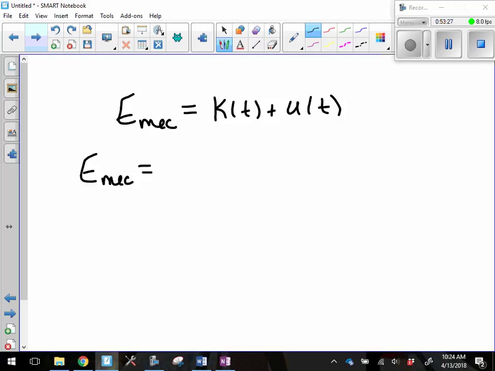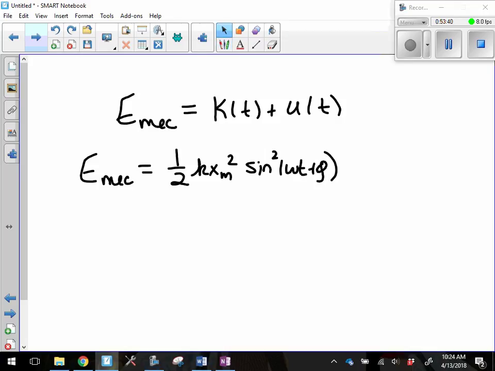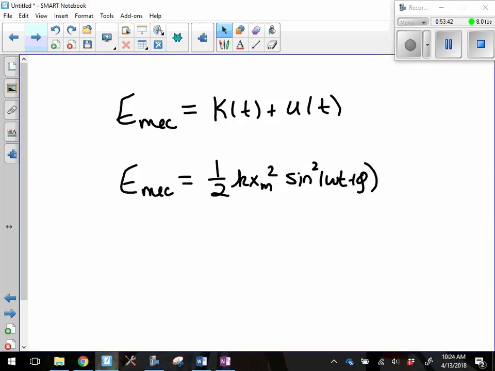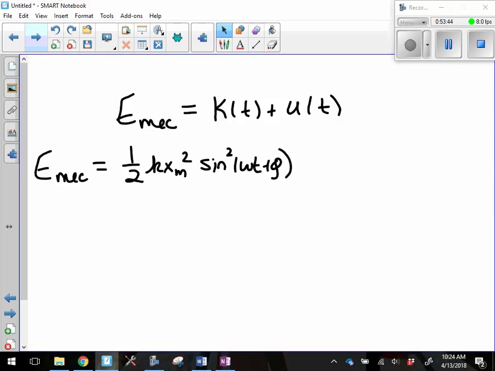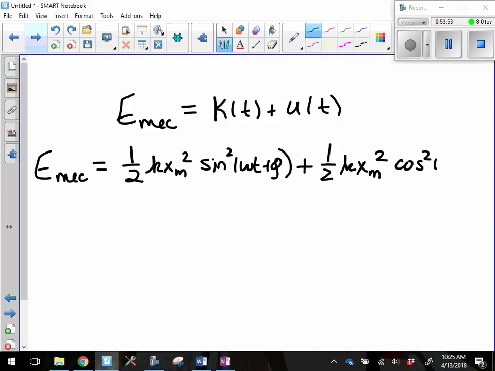So if we write these down, our kinetic energy was 1/2 k x_m squared sine squared(omega t plus phi), and our U was 1/2 k x_m squared cosine squared(omega t plus phi).